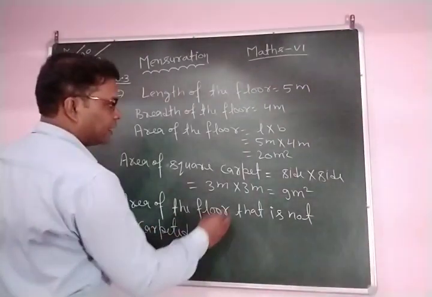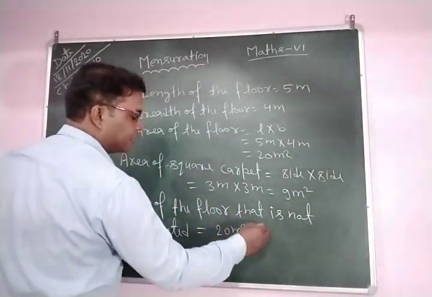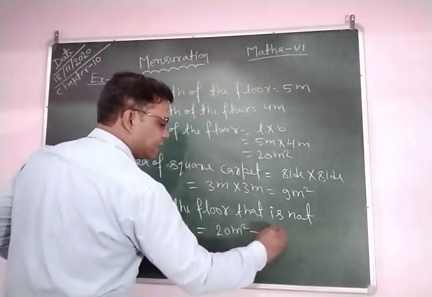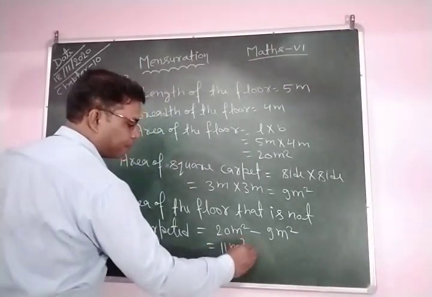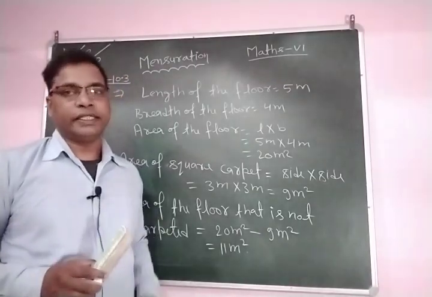This is the area of floor, 20 meter square, minus area of carpet, 9 meter square. This is equal to 11 meter square. 11 meter square is the area of the floor that is not carpeted.